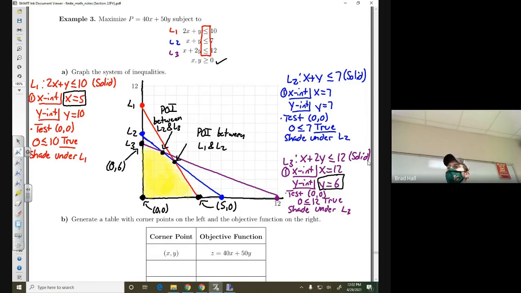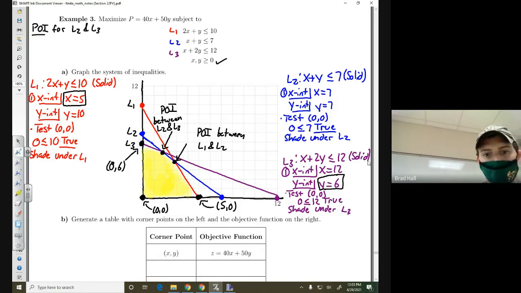Now, how do you find the point of intersection between two lines? You have to use matrices. So I'm going to do both of these matrices. That does mean two sets of matrices. I'll do the first one, the point of intersection for L2 and L3, on the left side here.